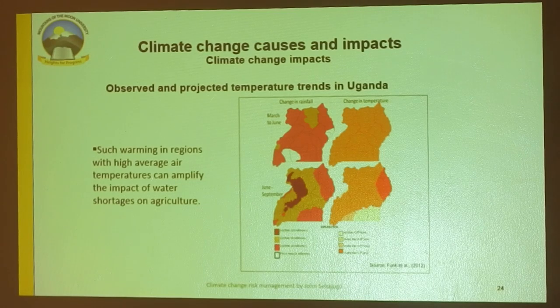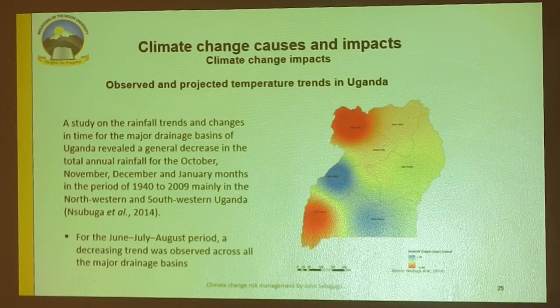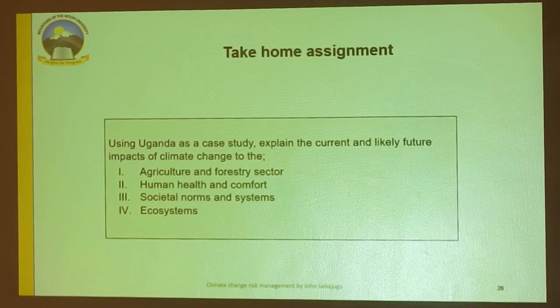Here, of course, FANG gives us the maps, and I'm trying to give you a snapshot of these, and we see increase in temperatures in many areas, especially the Karamoja areas and some parts of Uganda. We also see increases in rainfall in some areas like around Lake Victoria and Albert, but we see decrease in rainfall specifically in the northwestern and the southeastern parts.